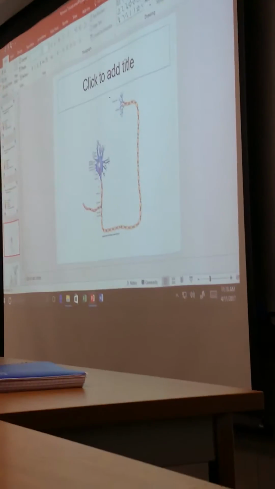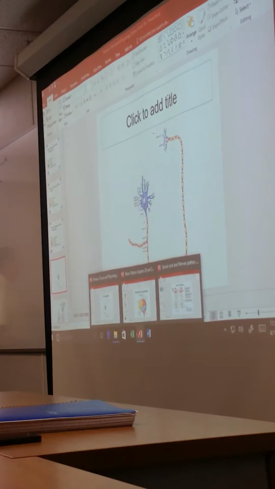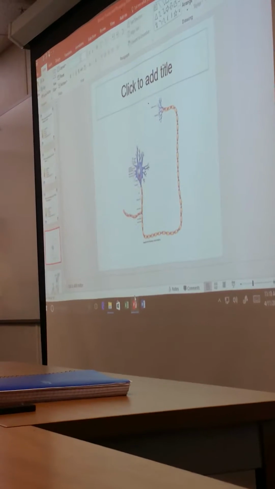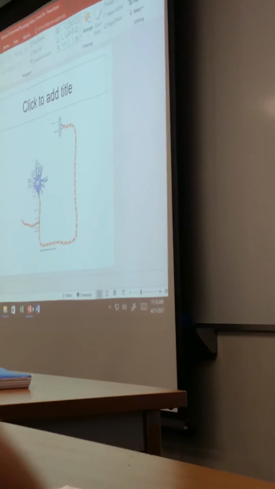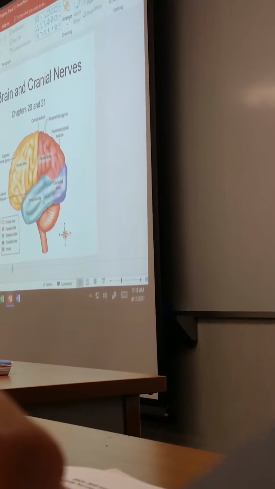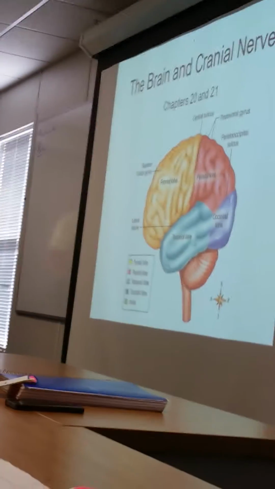So what we're doing now is in some ways it's a logical progression. We go from the basic neuronal structures and neuronal functions all the way up to the whole brain and spinal cord functions.